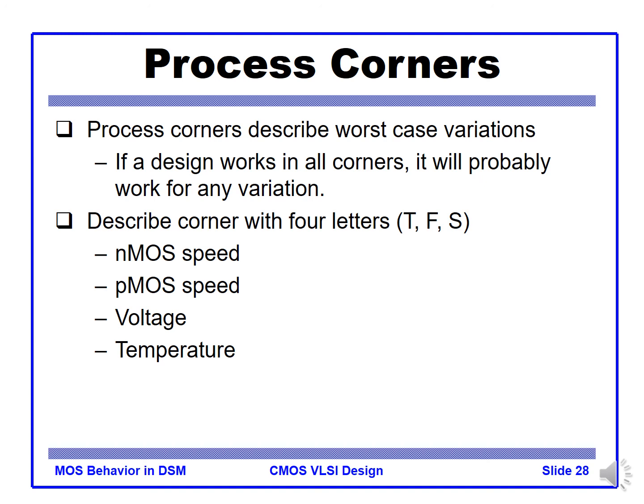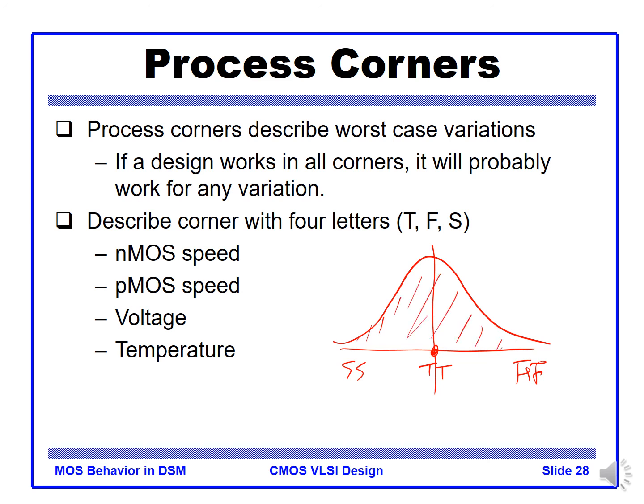So process corners. Typically the process is statistical, we have different samples. For example, we have a Gaussian distribution of these samples: your typical, slow, fast. So statistically define the samples we will expect. We will get some worst case, extreme case, and the device model is provided.